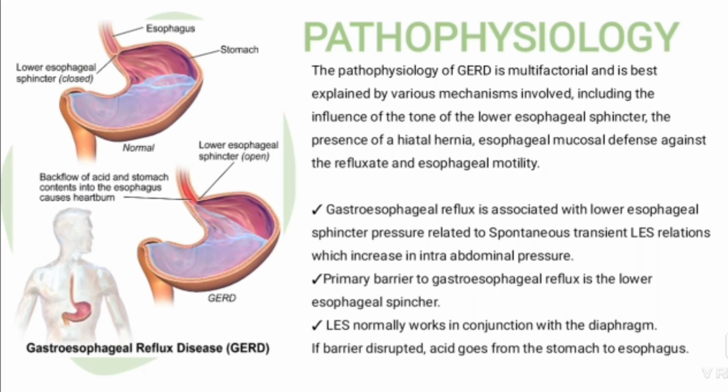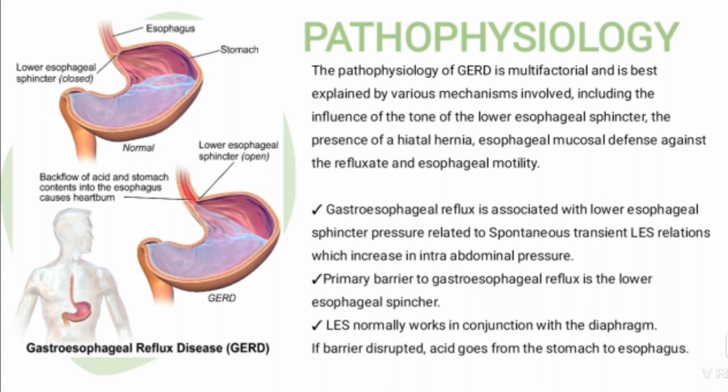The pathophysiology of GERD is multifactorial and is best explained by various mechanisms involved, including the influence of tone of the lower esophageal sphincter, the presence of hiatal hernia, esophageal mucosal defense against the refluxate, and esophageal motility. Gastroesophageal reflux occurs when LES pressure is lower than the intragastric pressure, such as in LES hypotension, or increased frequency of transient lower esophageal sphincter relaxation.